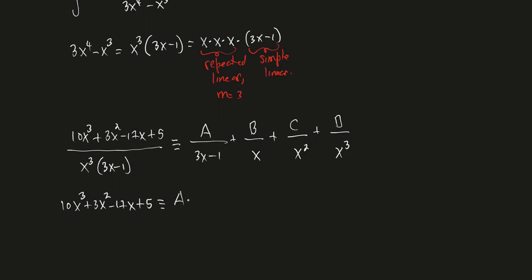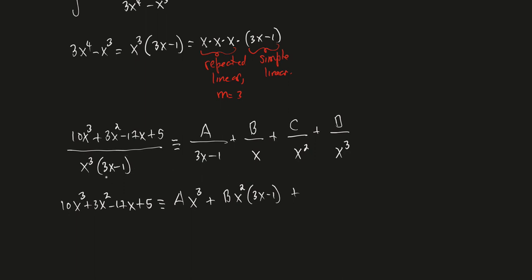So I'll write it as ax cubed. Then if I take the x cubed times 3x minus 1 and multiply the second fraction, then this factor of x will cancel out one of the factors here, and I'm going to be left with bx squared times 3x minus 1. And just keep going.